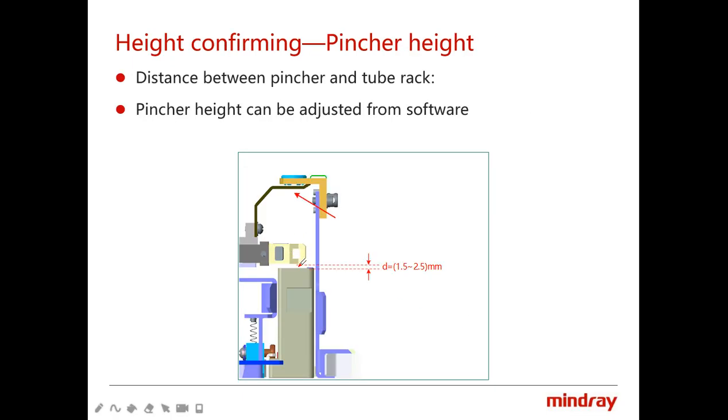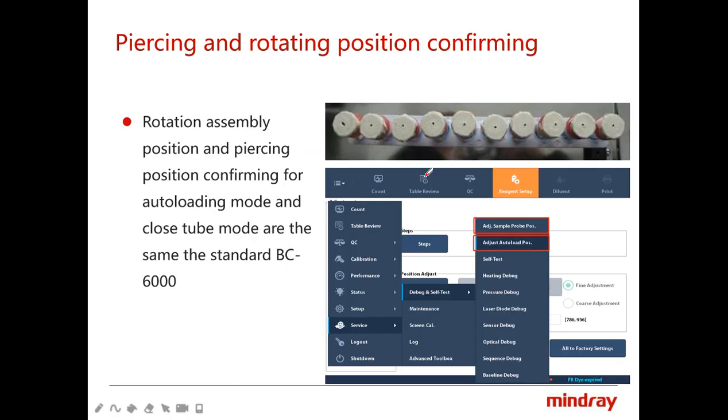If the gap is not good, we can adjust it by the software. And then run several sample tubes and observe whether the piercing probe can pierce into the center of the sample tube. If not, it means the in and out, left and right position between the analyzer and the check modules is not very good. You need to adjust it again.